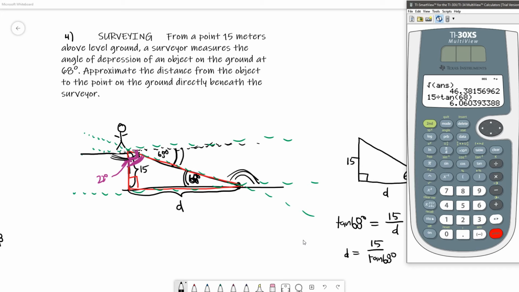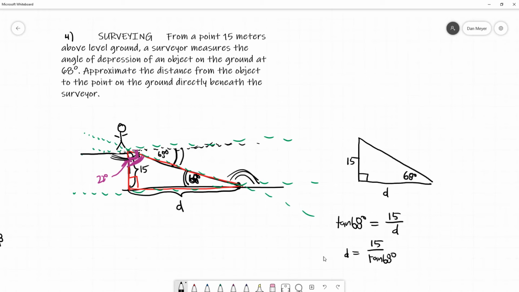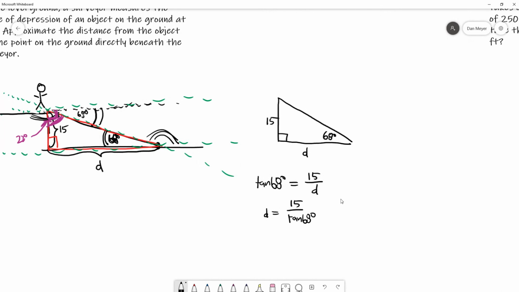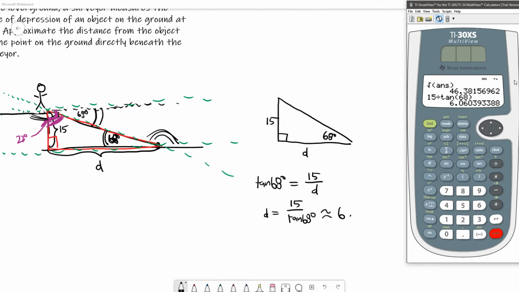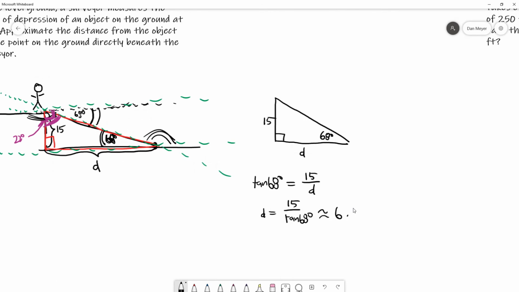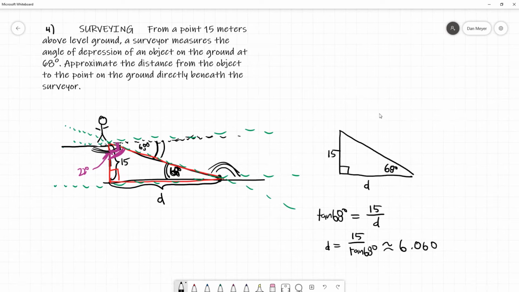They don't tell us how to round here, so I might round to 3 decimal places. I know that's my default. I don't know why it's my default. So about 6.060. And our units are feet, meters. What are they? Meters.